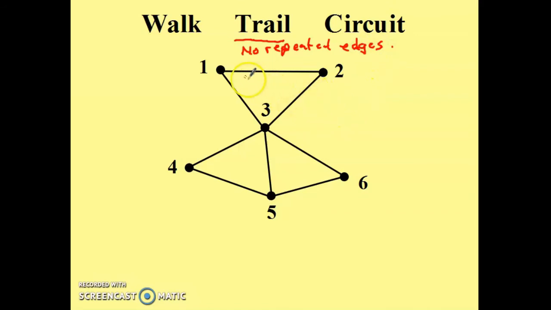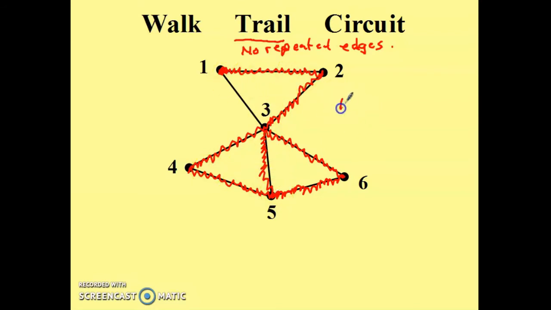So if I was going to create a trail from number 1, I could go over to 2, down to 3, to 4, to 5, back up to 3, down to 6, and even go back to 5 where I would be stuck because now I can't repeat an edge.